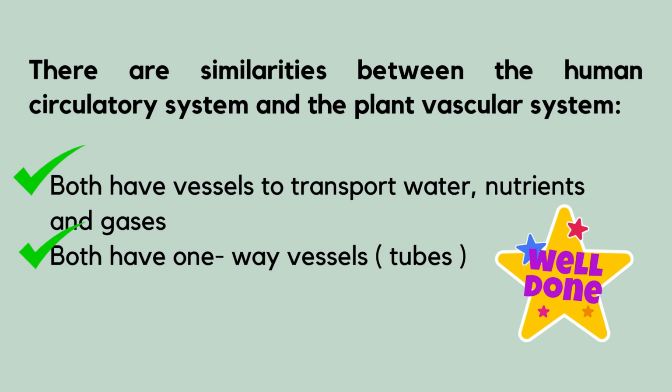Both of them have vessels to transport water, nutrients, gases, and both of them have one-way vessels. Okay? This is very important information that both of them have vessels, and these vessels are one-way vessels.